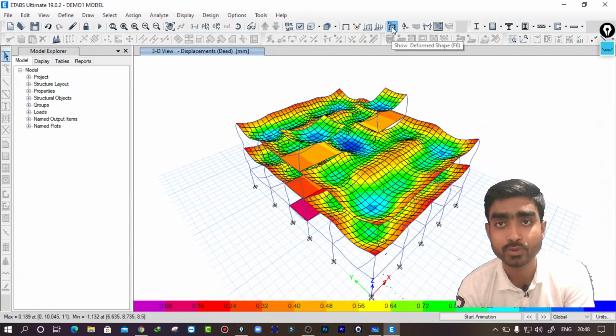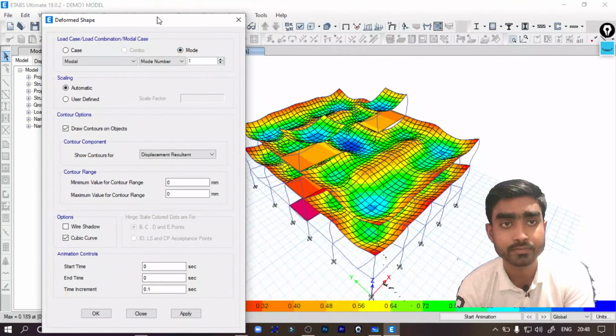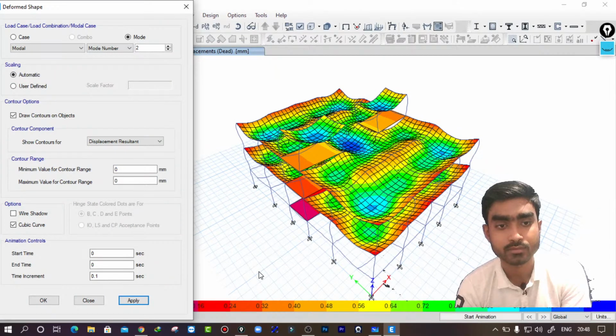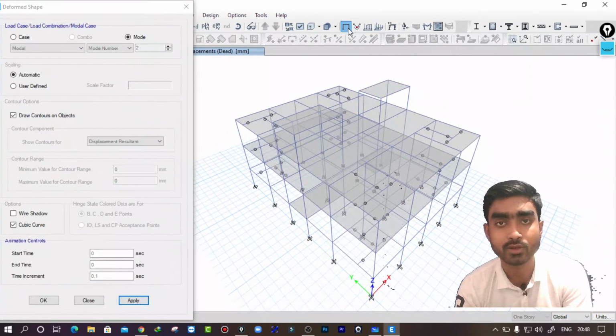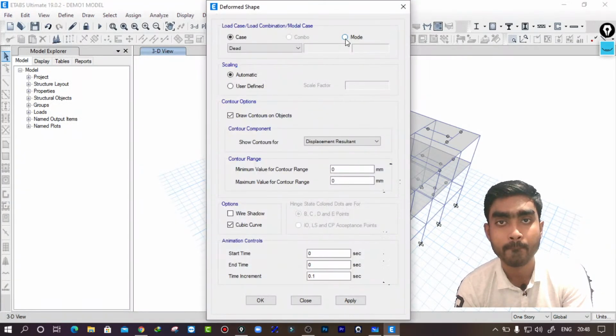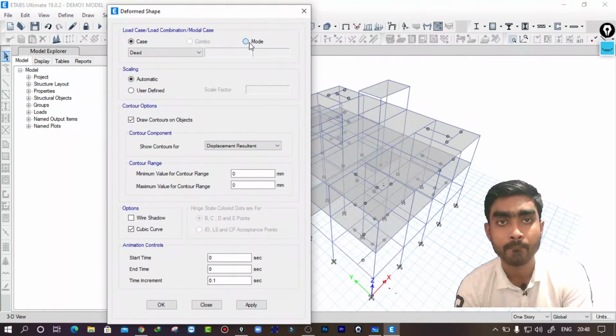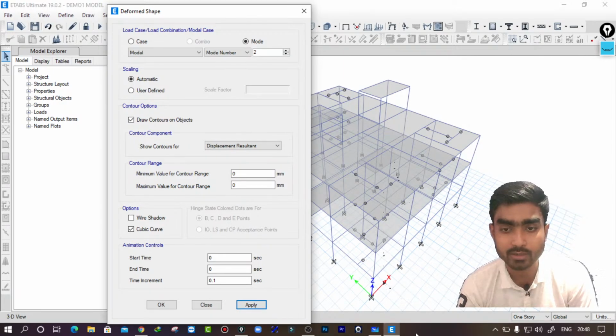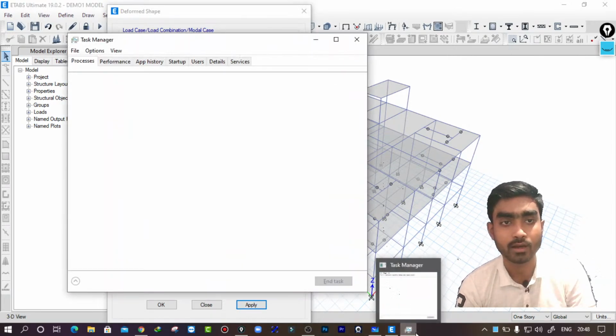If you go to mode 1, second mode, apply. Why is it not working? There must be a third party software running behind it, which is creating this issue actually.